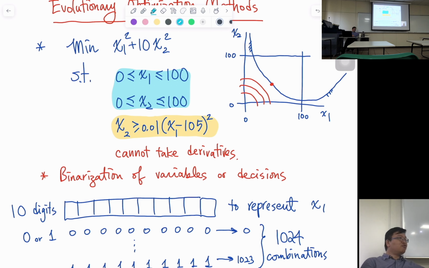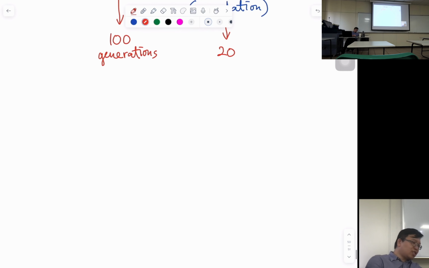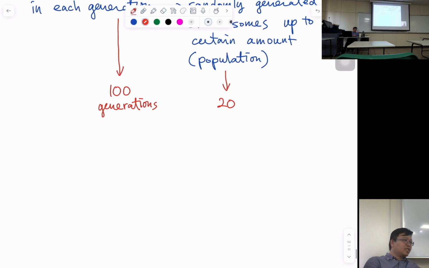So now you need to decide, what would you do if you see some random chromosome that doesn't satisfy the yellow one? Usually there's a procedure called a feasibility check.